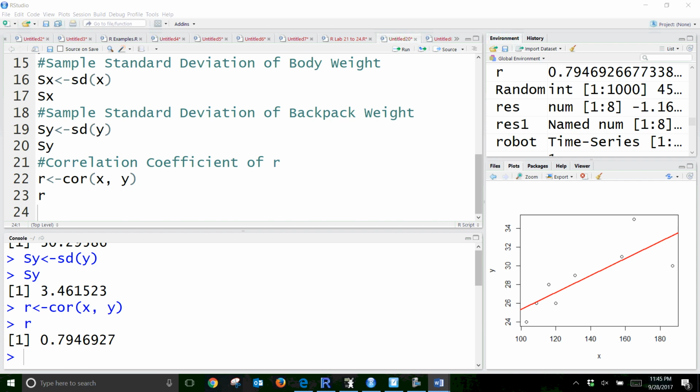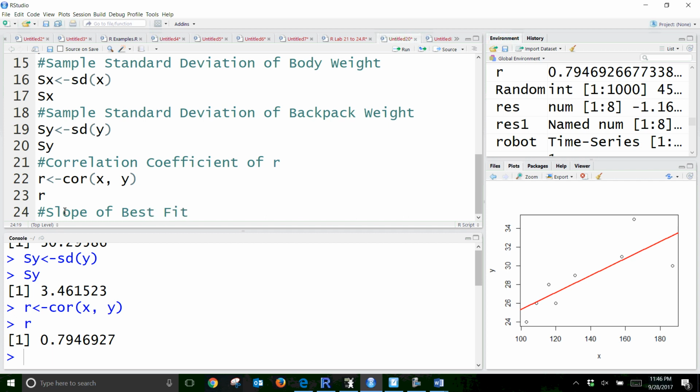All right, next one wants us to calculate the slope of the best fit line. Well, let's go ahead, slope, up here. Slope of best fit.